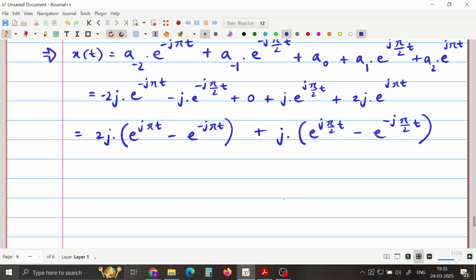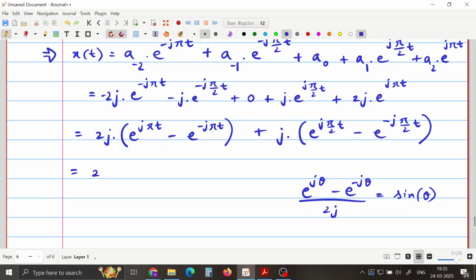So now remember that we can express these exponential terms as sinusoids, because we know the relation e power j theta minus e power minus j theta divided by 2j is equal to sine theta. We can replace the difference of these complex exponentials inside the brackets with sine functions.